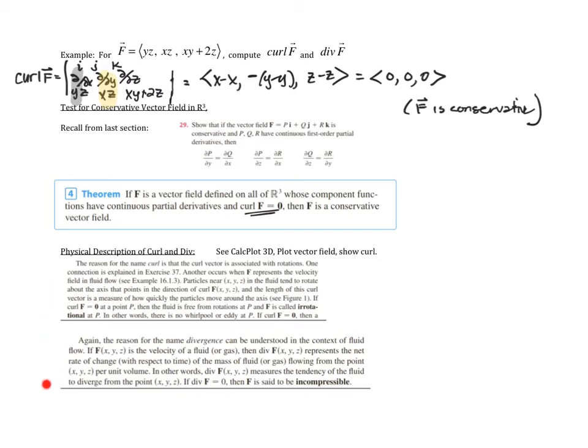But I want to give you a little idea about the physical significance, and I'm going to paraphrase it. The idea of curl has to do with rotation in our vector field. When we think of the vector field as rotating around a given point, that is curl. If we were to drop a little leaf at any point in that vector field, would it spin that way?